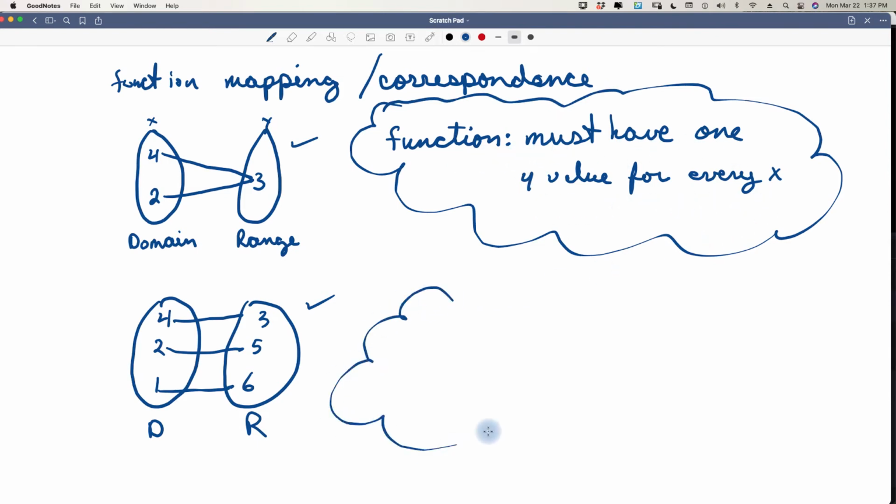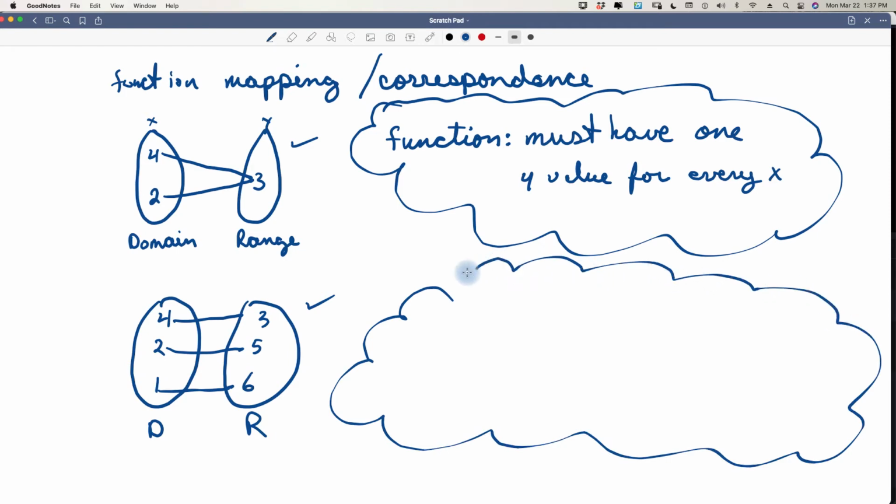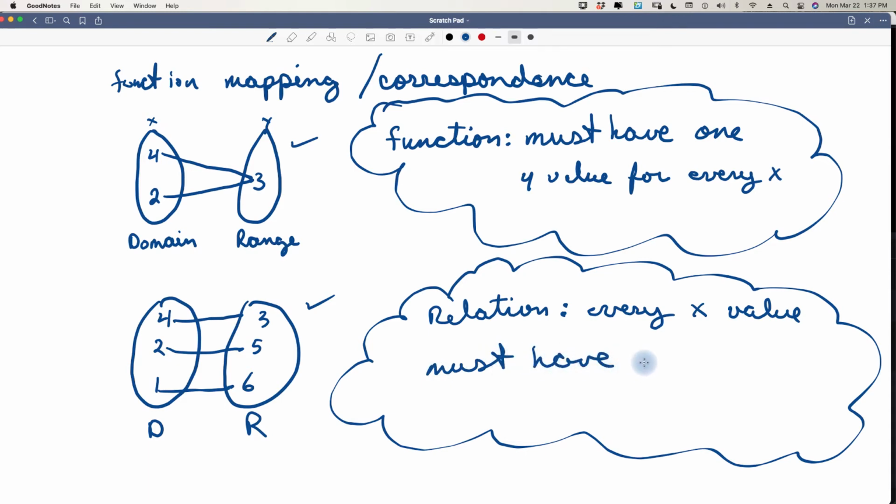A relation, on the other hand, just says that every x value must have a y value. Let me reword this. The function must have one y value for every x value.